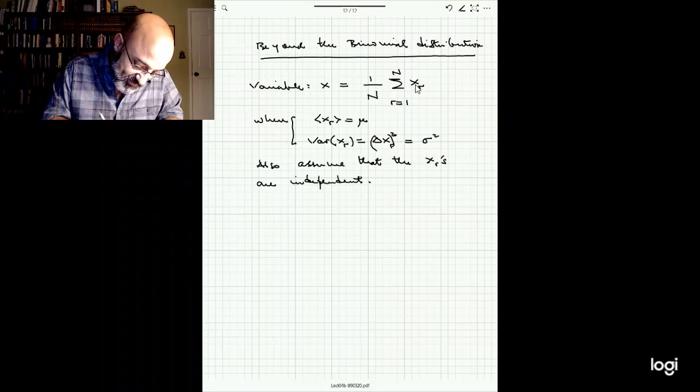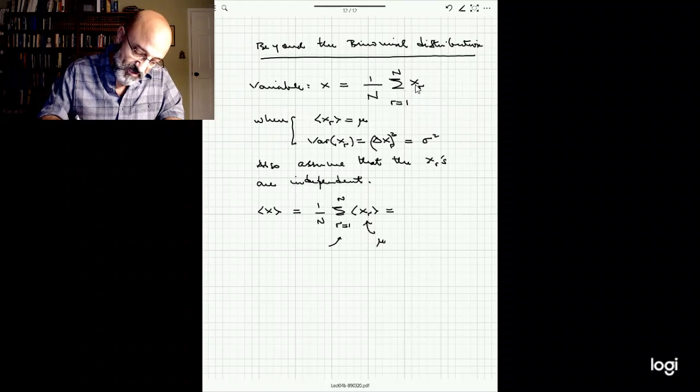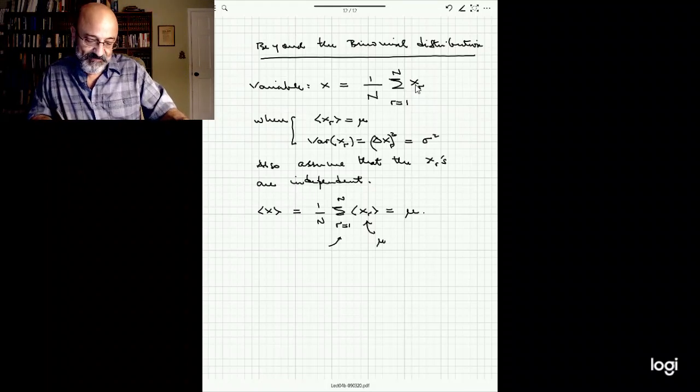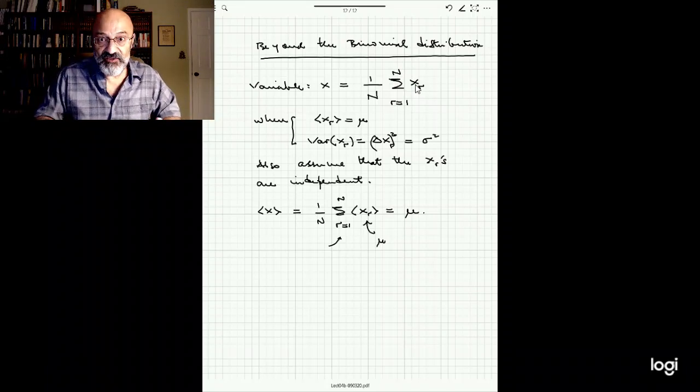The expected value of x is going to be 1 over n, the expected value of all the xr's, and each one of these guys is a mu, and there are n of them, so the result is mu. Then we can compute the variance. How do you compute the variance?